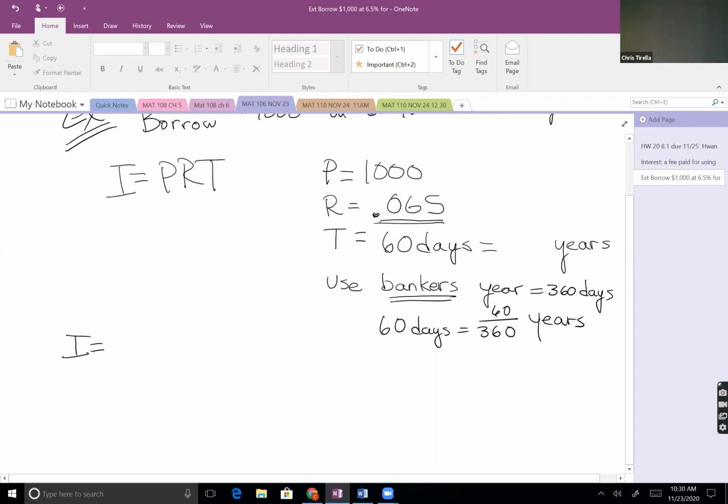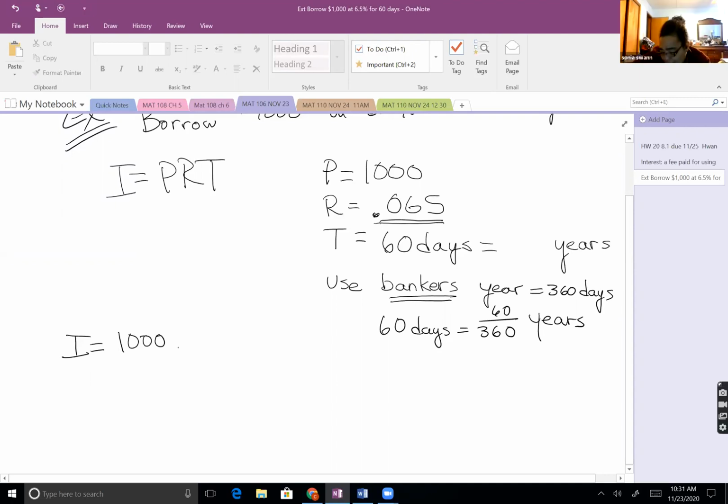It's considered a banker's year to use 360. Part of the justification is that it gives you better numbers. Think back to ancient times when everybody did all of this computation by hand. The numbers are a lot nicer. But it's just what's traditionally used.